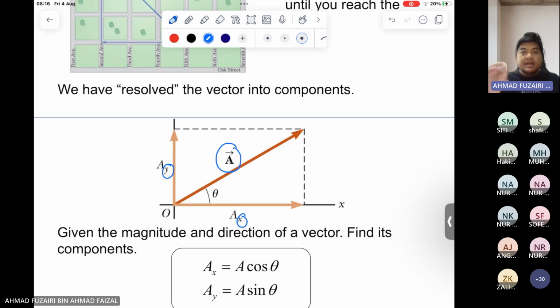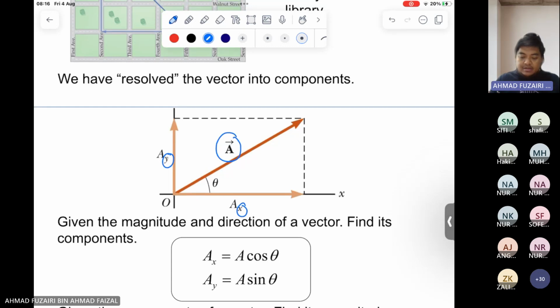A has an arrow, that means that is vector A. But AX and AY are the components of vector A. That means if you want to create vector A, we should do something to AX and AY, because if we do something to AX and AY, we get vector A. Based on that, the theta is the angle between the vector and the x-axis.